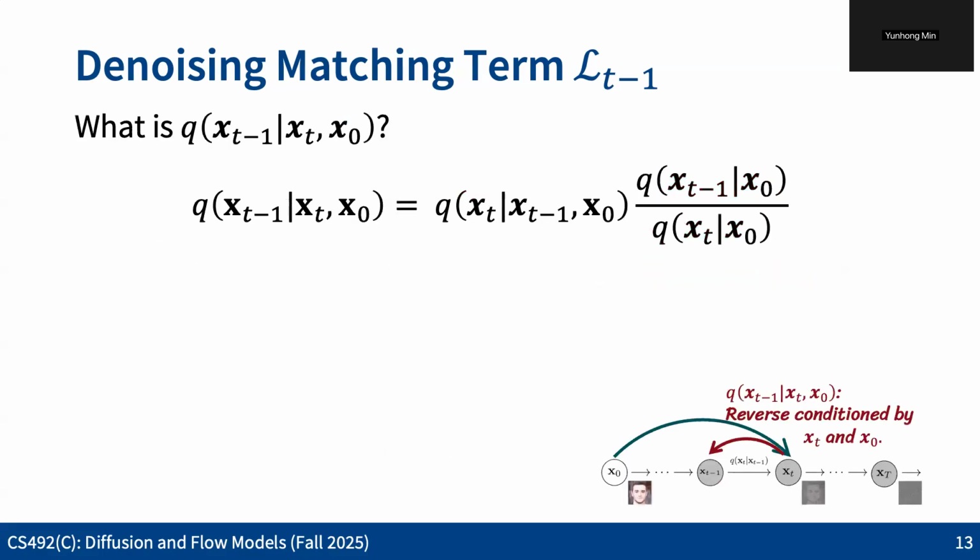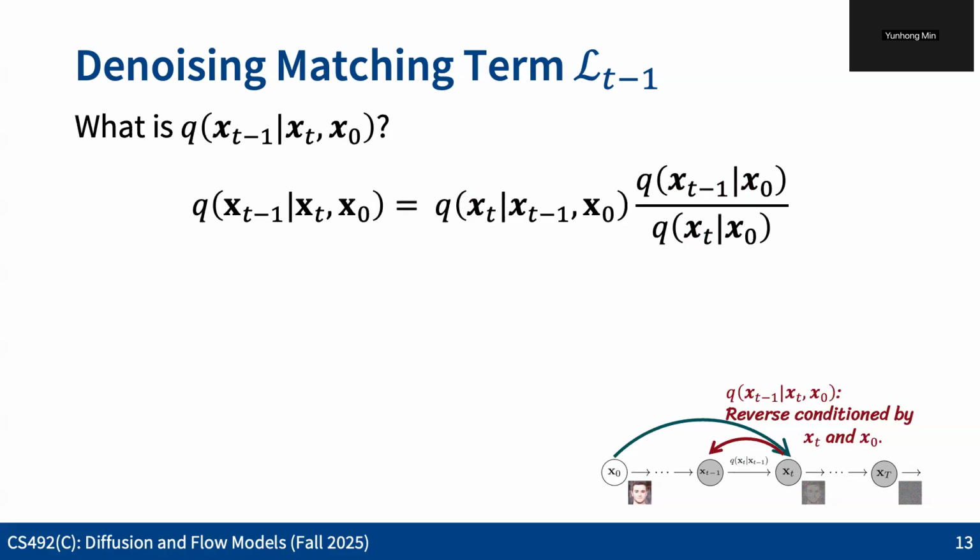Before we get into that, let's see how we can derive a closed form of this distribution. Using the Bayes rule, if you ignore the x0 here, you can see that this is exactly the form of the Bayes rule, right? Based on the Bayes rule, this can be decomposed into these three terms.